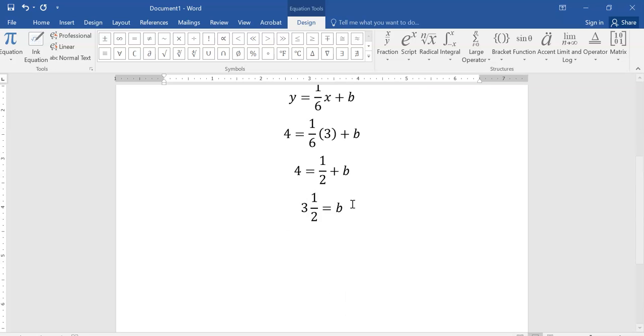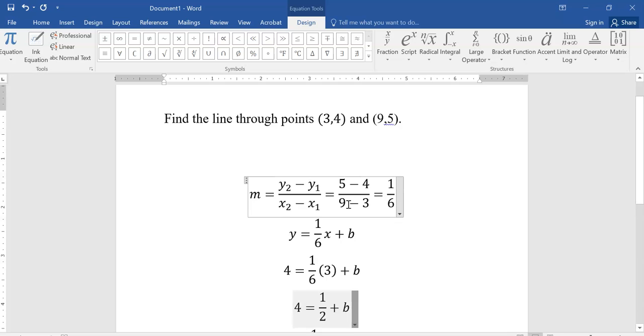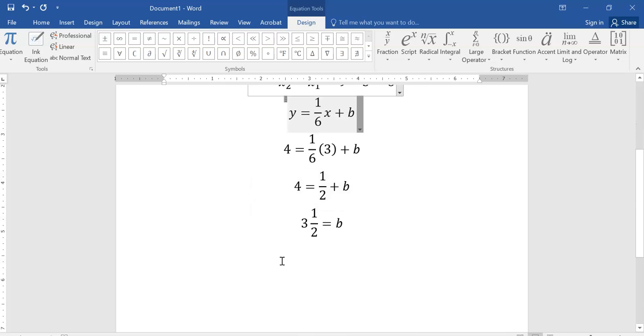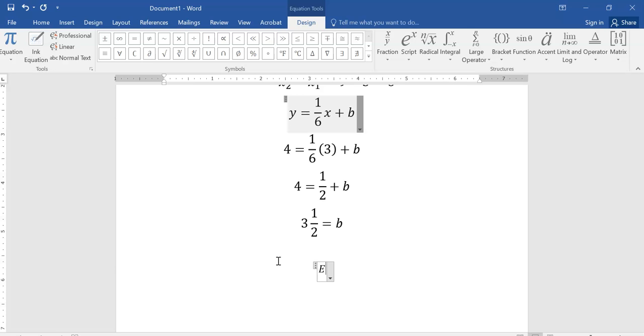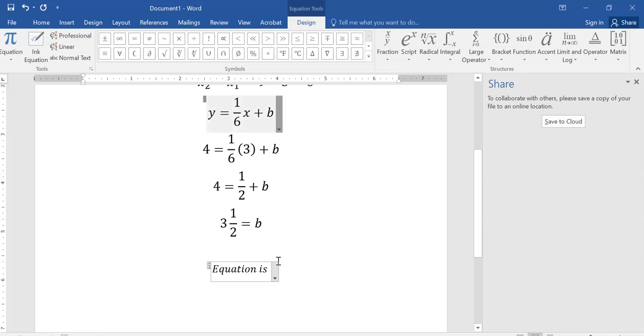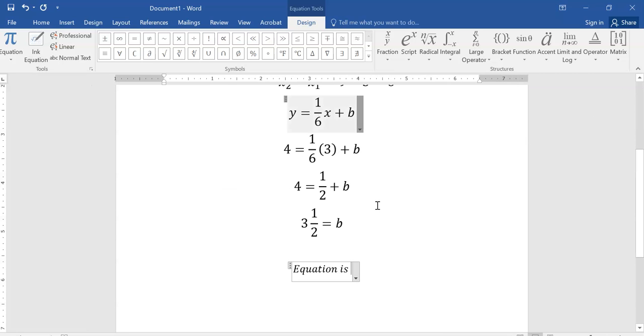So the equation of the line, let me put that down there. The equation is y equals 1/6 x plus 3.5. All right.